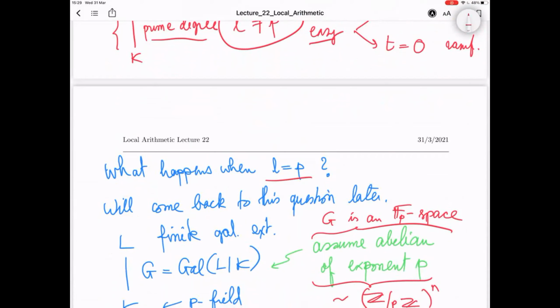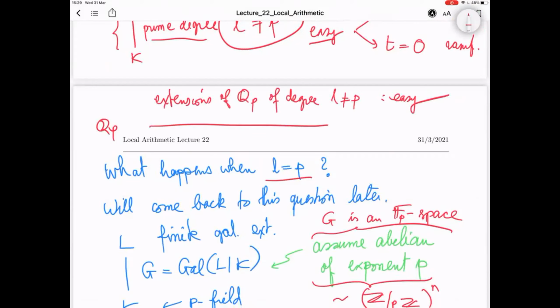For example, look at extensions of Q_p of degree L different from P. If you want to classify them, they are going to be easy. But extensions of Q_p of degree equal to P are somewhat hard.